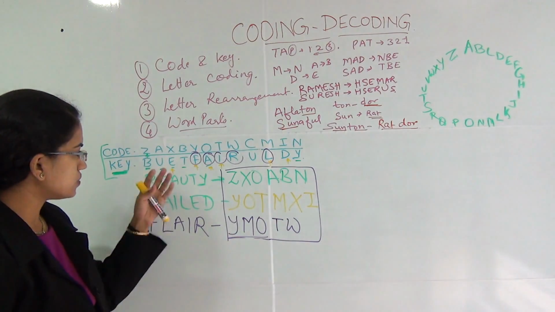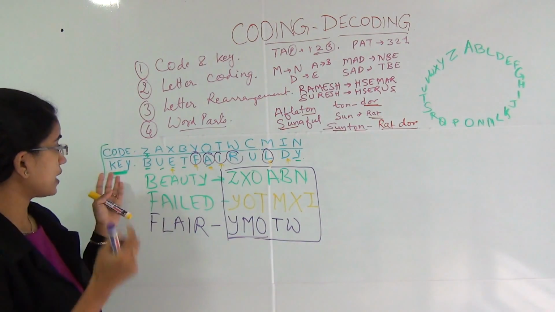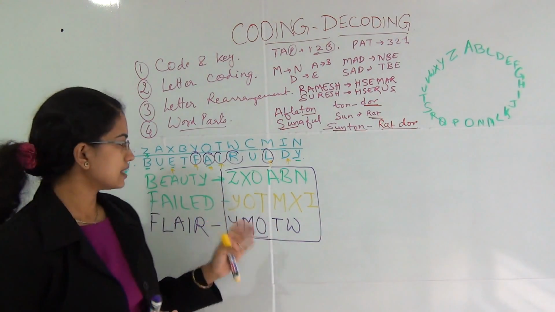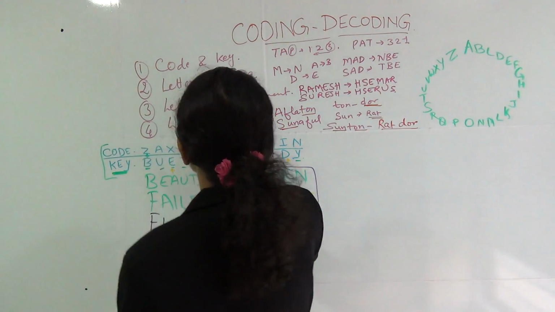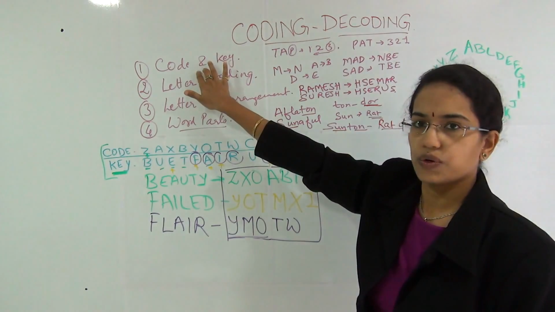So if I have these words, based on the code and key questions, these would be the exact solutions. Okay, so with this we covered the first section on code and key.